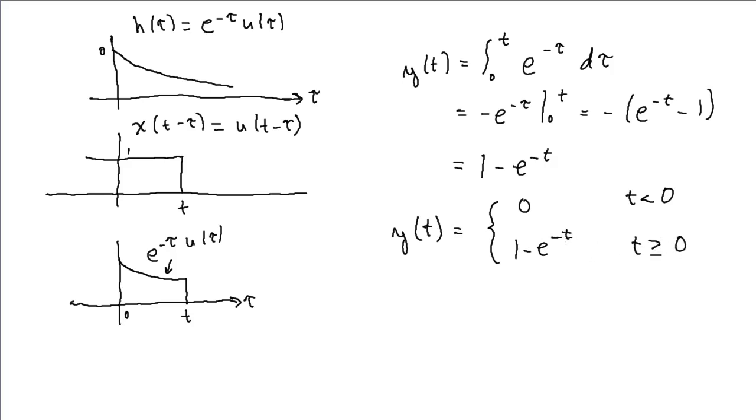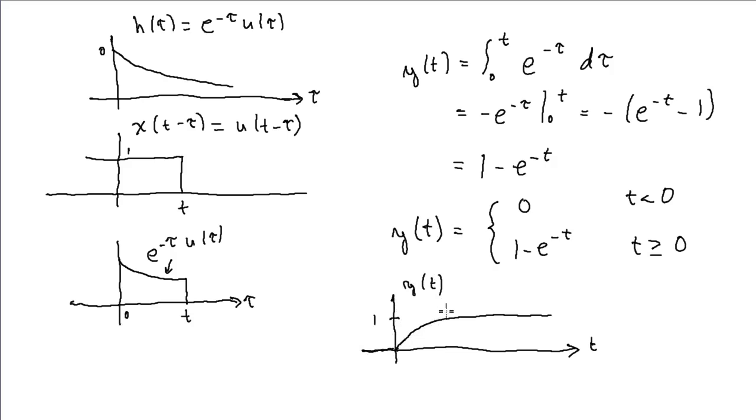If I evaluate this at t equal to 0, I see this term is 0 as well. So if I sketch this, I see that I get a continuous output for y of t. It's 0 here at the origin, and then it's equal to 1 minus e to the minus t here. As t becomes larger, this term goes to 0, and this thing approaches 1. So this is what the output would look like.